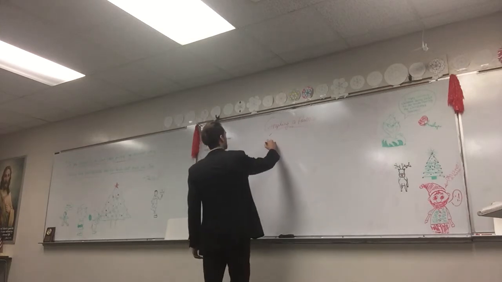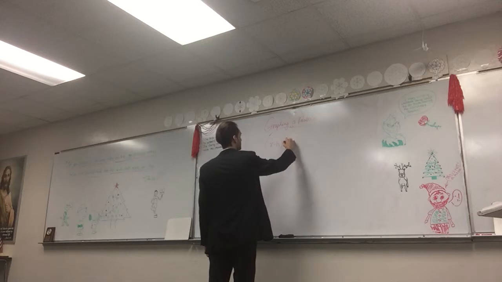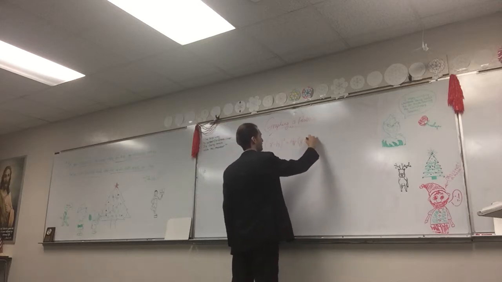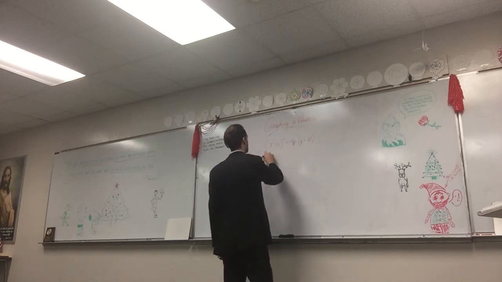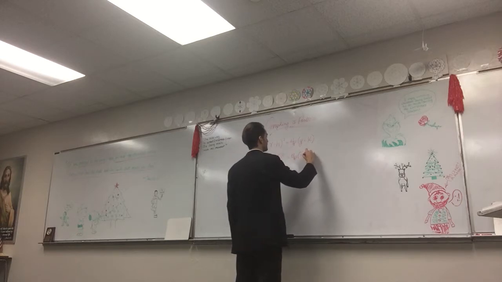So, the formulas for graphing a parabola: x minus h squared equals 4p times y minus k, or y minus k squared equals 4p times x minus h.